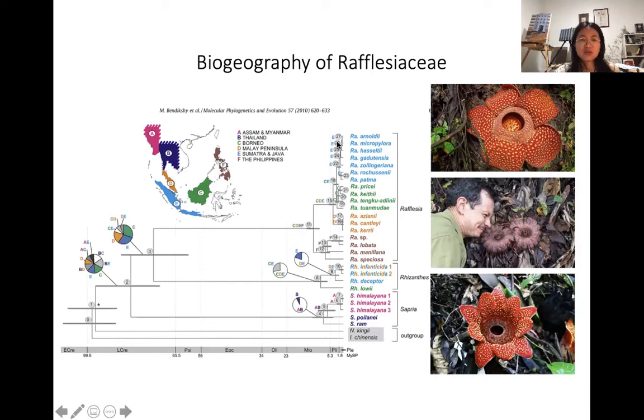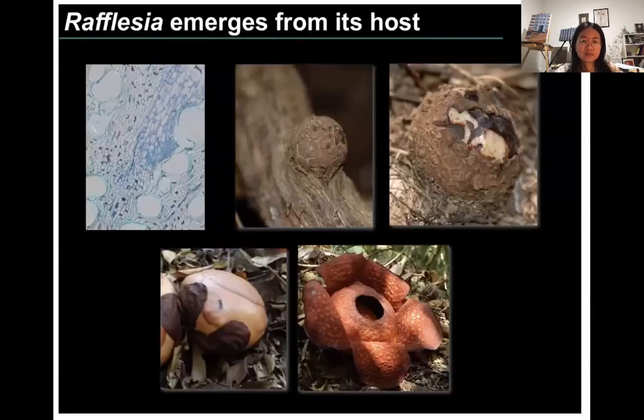This is a really old lineage. It was hypothesized that the family originated in the early to mid-Cretaceous, and then there's a long evolutionarily stable status, and they do not diverge until recently in the Miocene within each of the 3 genera.